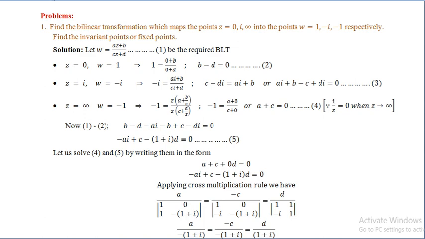This is equation number 4. Now we will solve equations 2, 3 and 4. First we subtract equation 2 and 3, that is 2 minus 3. If the equation contains 2 or 3 unknown terms, then we can easily calculate the values.